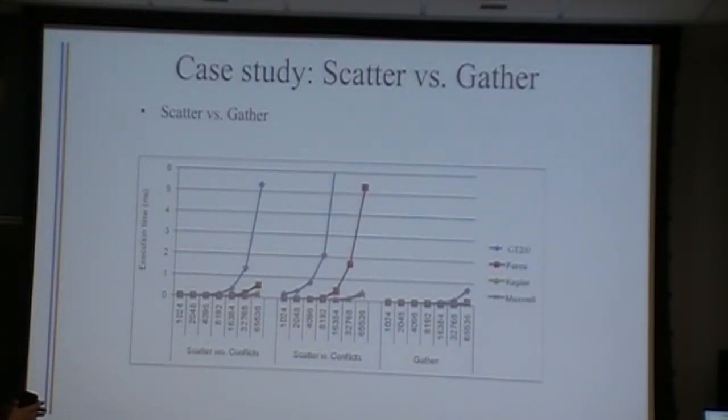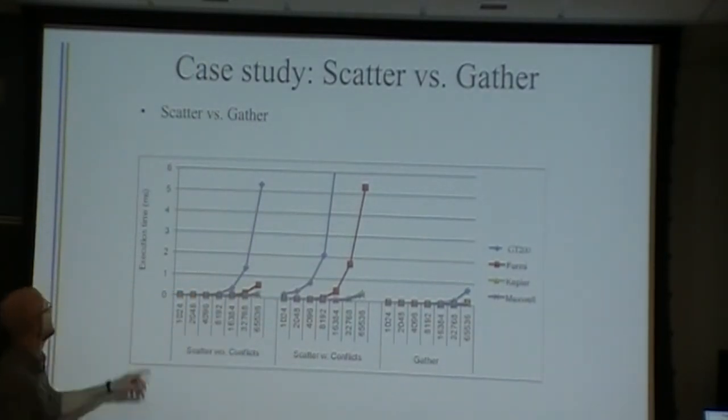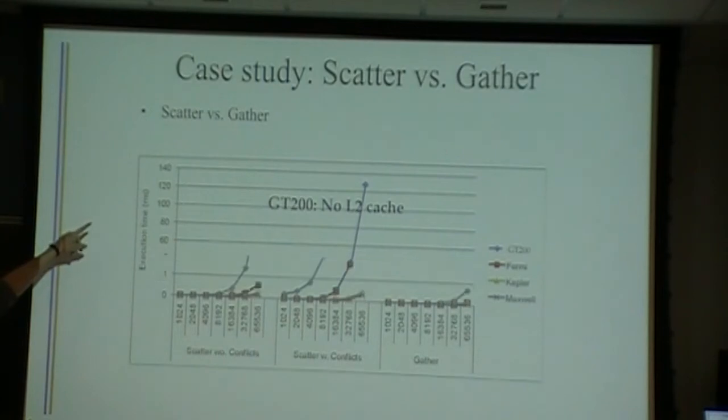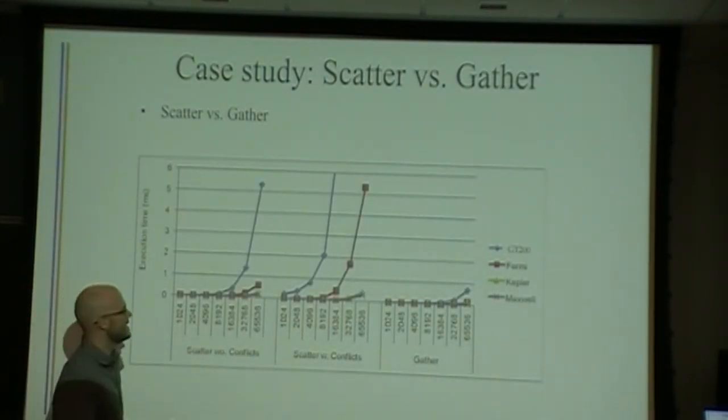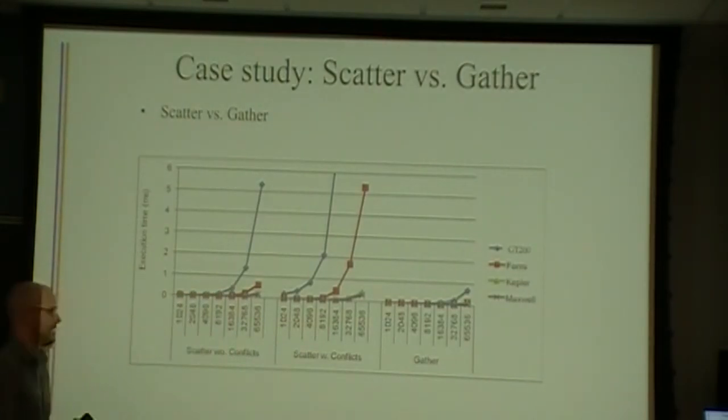Now we're zooming in here so we can actually see. This is way off the top. We zoomed into 6 milliseconds instead of 140. And you can see that even from Fermi to Kepler and Maxwell, the atomics have gotten a lot better.